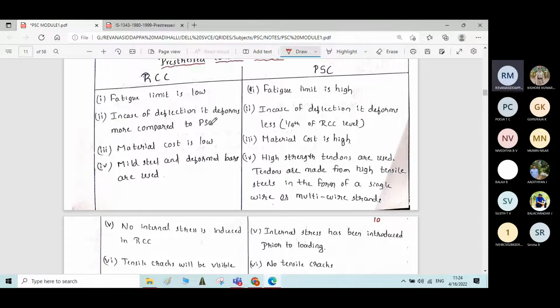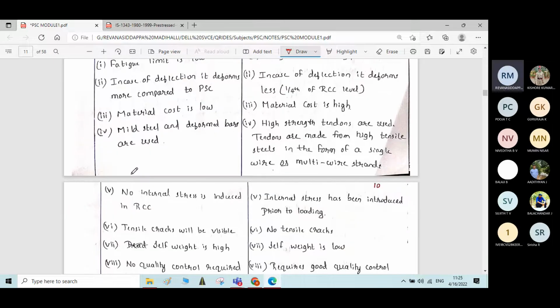And coming to the cost, material cost is low for RCC members, but it is high in case of PSC members.